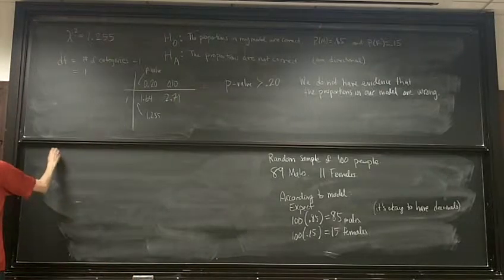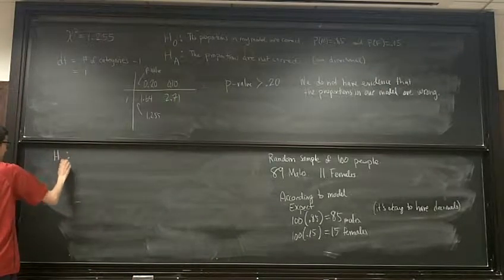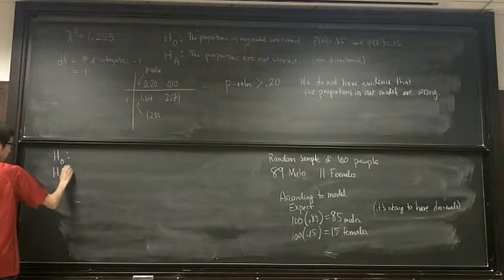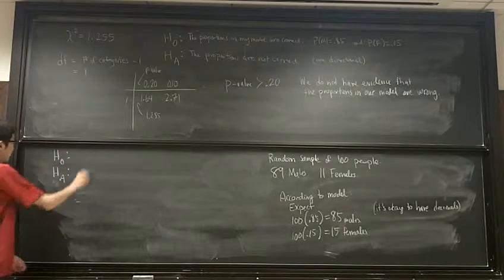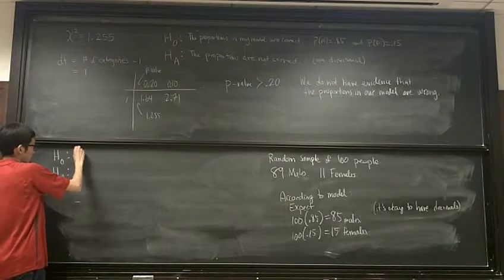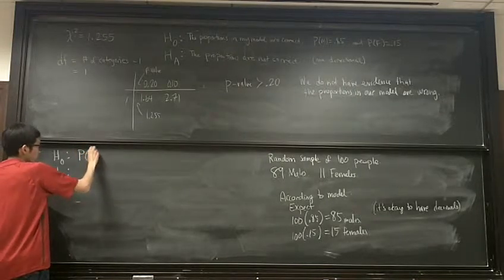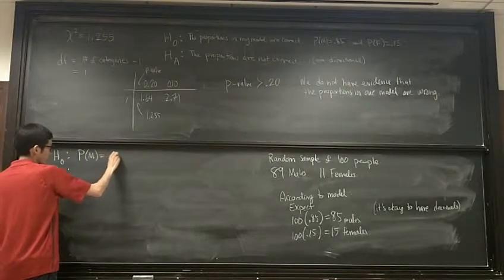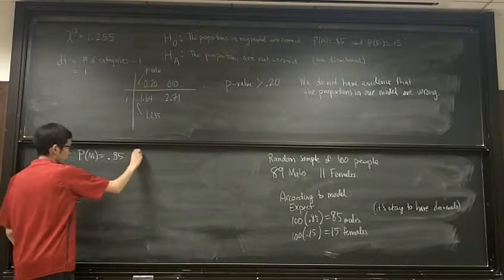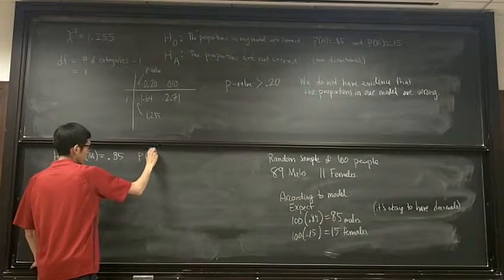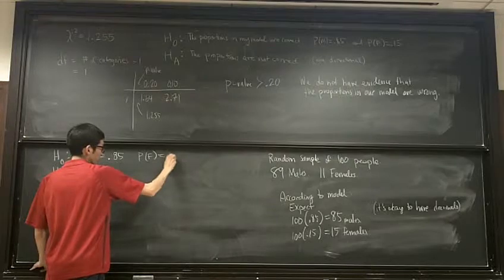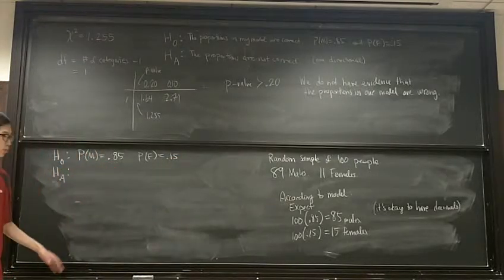So again, let's revisit this problem here. In this case, our null hypothesis is that the proportion of male is equal to 0.85, and the proportion female has to be 0.15.